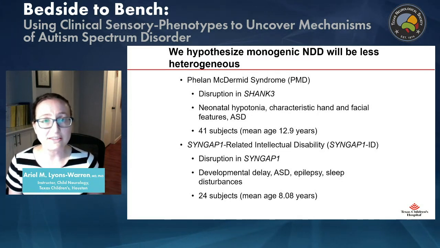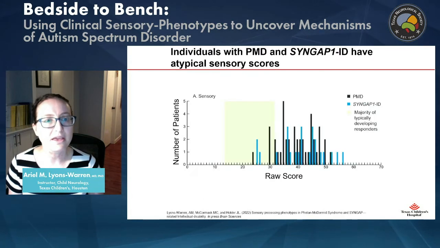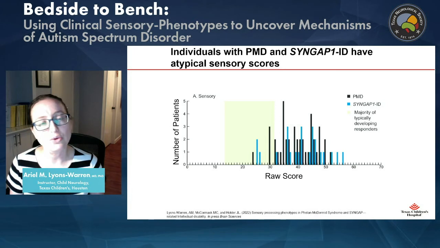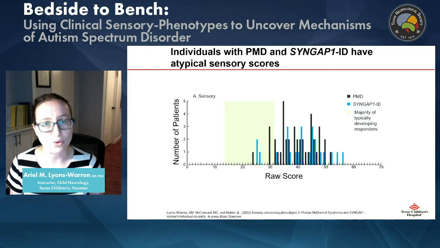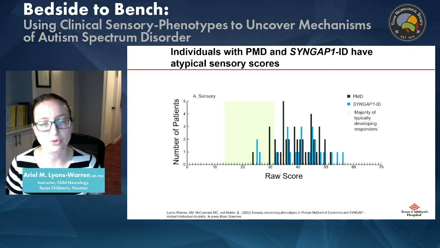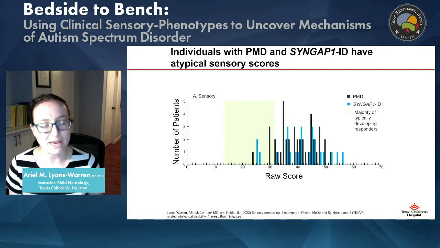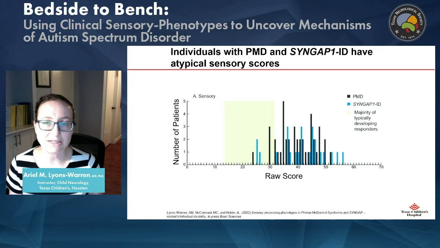And so we looked at the sensory profile of these patients, and what we found is that they were severely impacted. So what you're looking at here is the raw score on the short sensory profile 2 on the x-axis, and the number of patients, either Phelan-McDermott patients in black or SYNGAP1-related intellectual disability patients in blue on the y-axis.